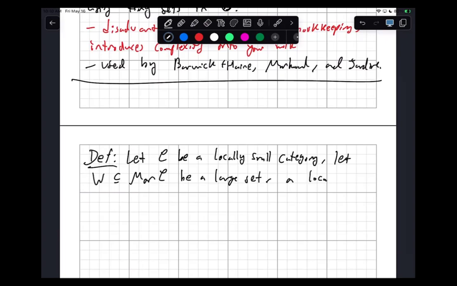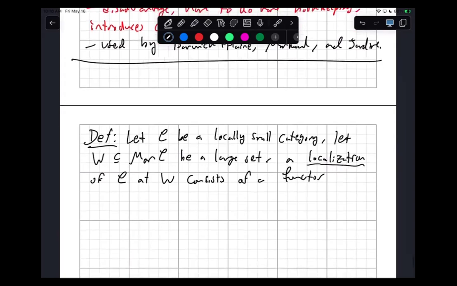A localization of C at W consists of a functor L from C to D such that: 1, L inverts W. So L takes every morphism in W to an isomorphism.